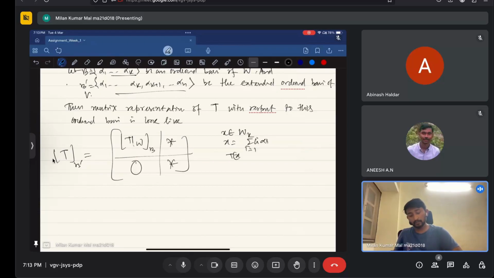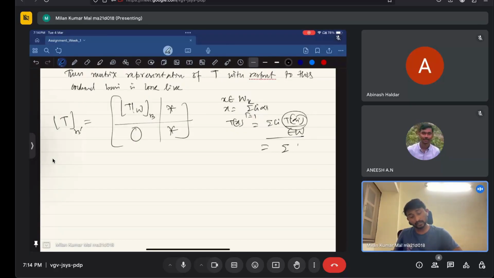After applying T to x, we get the sum of c_i T alpha_i, but these are all elements of W again. So this whole element can be written as the sum of c_i dash alpha_i, i equals 1 to k. Therefore all other coefficients, for i equals k plus 1 to n, will be 0. So these terms are 0.